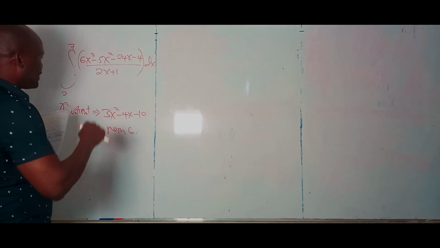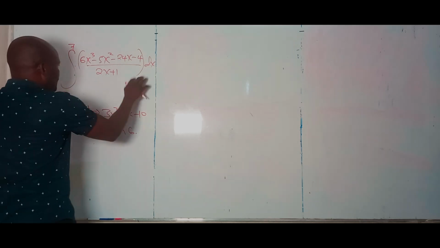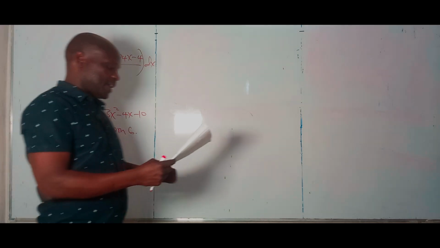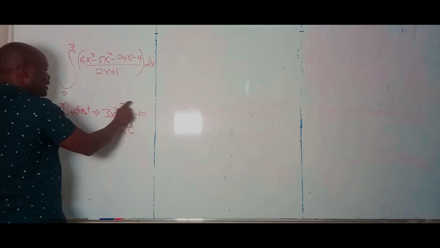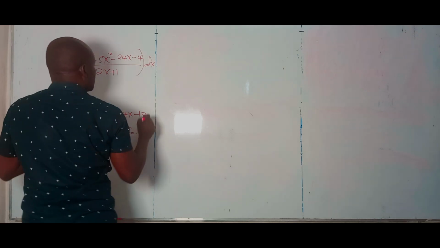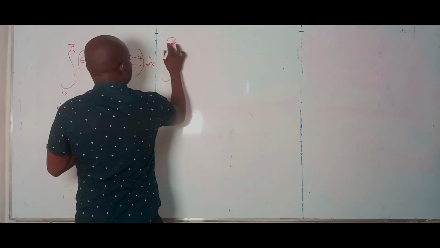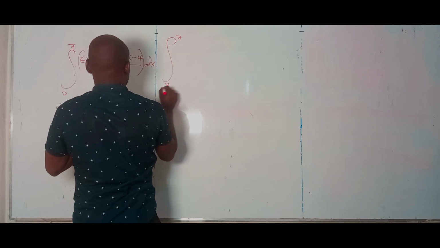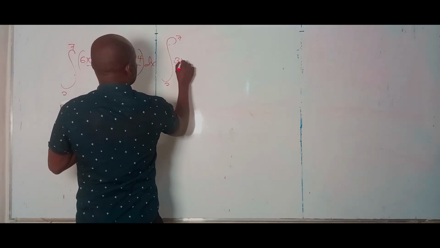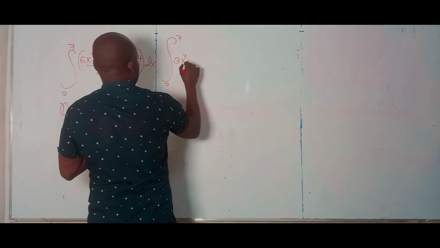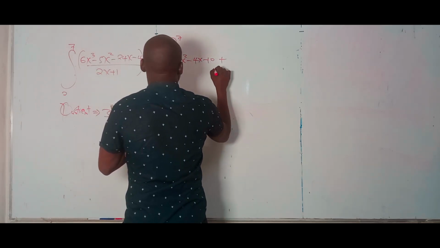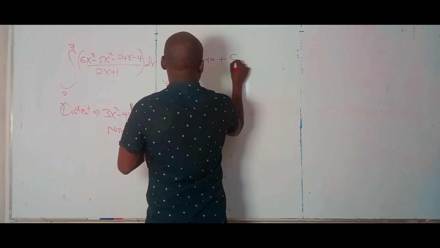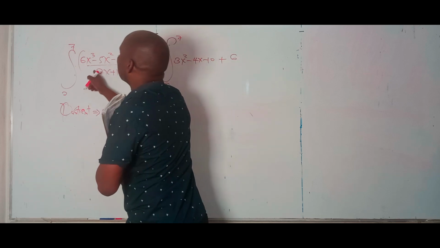If that's the case, there's a way we can rewrite the integral. It can be written as 3x squared minus 4x minus 10 plus 6, which was the remainder, divided by this.